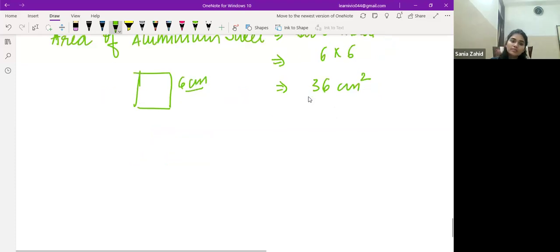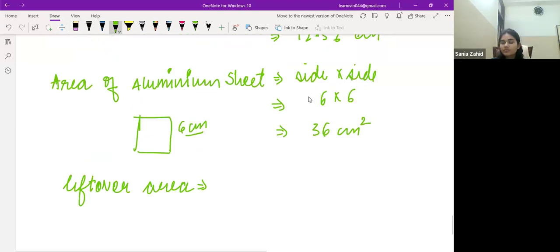What is the leftover area? This was the aluminium sheet. You cut out a circle from it and you remove it. So what is the leftover area? Ma'am, how do we find the rest? See, this is the aluminium sheet, the square that I drew. Then you cut out a circular sheet from it. So the leftover area is basically this yellow part.